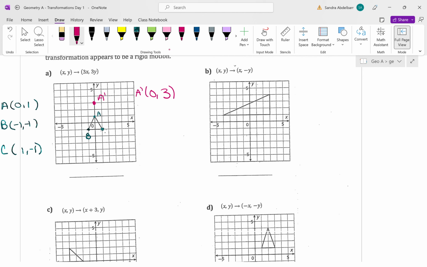B prime. Our B prime, multiply both coordinates by 3. We're at -3, -3. Can somebody tell me the coordinates for C prime?